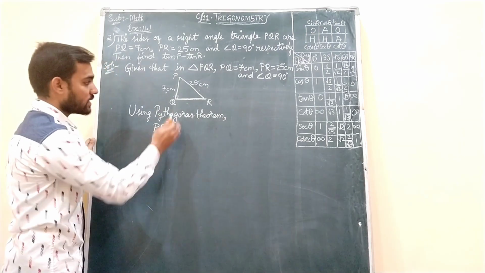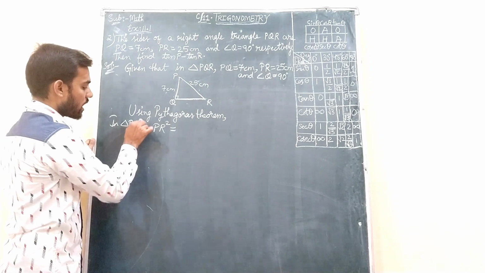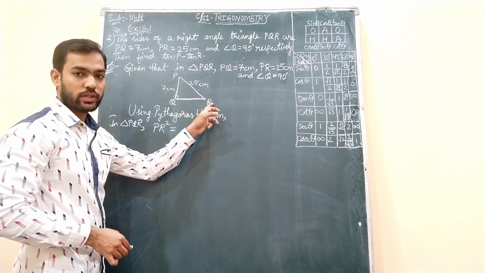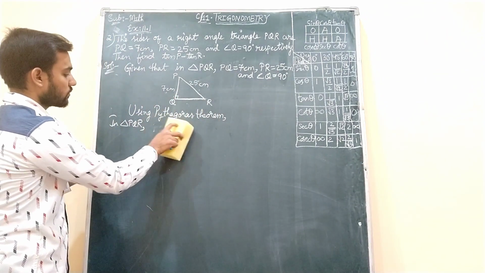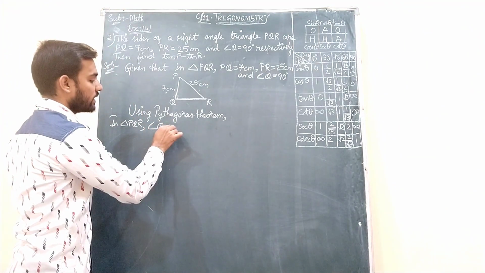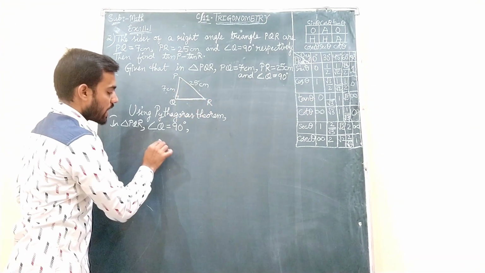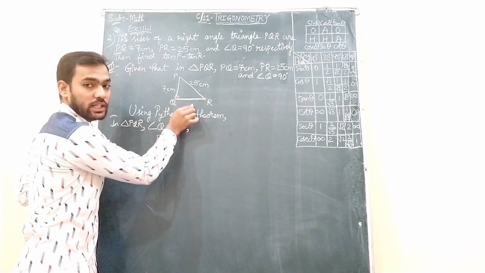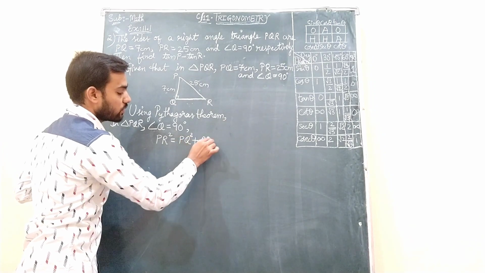is equal to, this I am taking for this triangle, right? In triangle PQR, angle Q is 90 degree. That also I write. And then I will start the statement. Square of the hypotenuse PR square is equal to the sum of the squares of the remaining two sides, PQ square plus QR square.